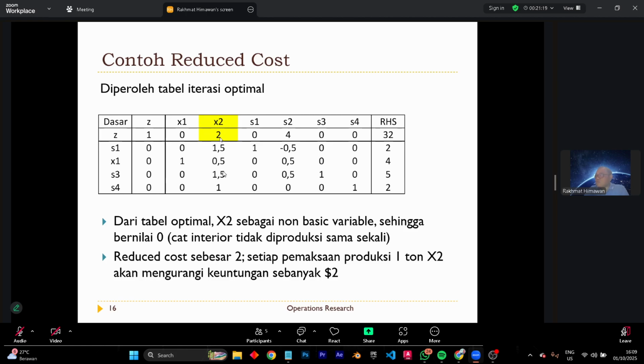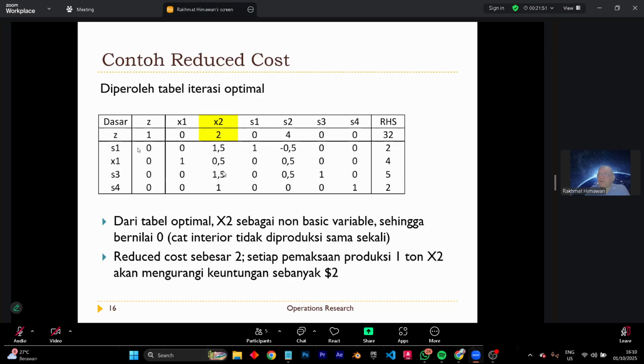So this is also important information, what we call a reduced cost. What is it? It means that if we force production of X2, say your manager asks you why we don't produce X2, we have X1, X2, why do we only produce X1? We have the raw material for X2 and it's just ready, but why don't we produce?